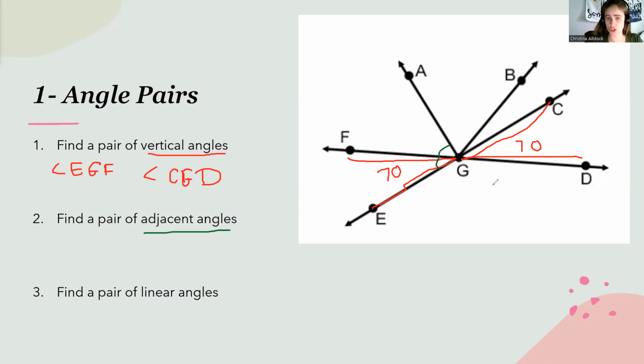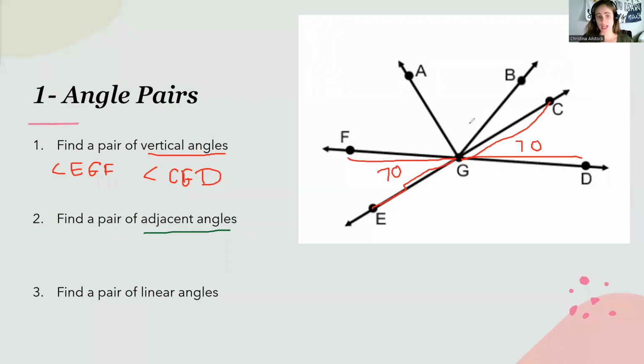These two would be adjacent. And then this one would be adjacent to here, and then that would be adjacent to this one. That would be adjacent to this one. And then that would be adjacent to this large one down here. So technically, we could pick any two of these, and we would have a pair of adjacent angles.